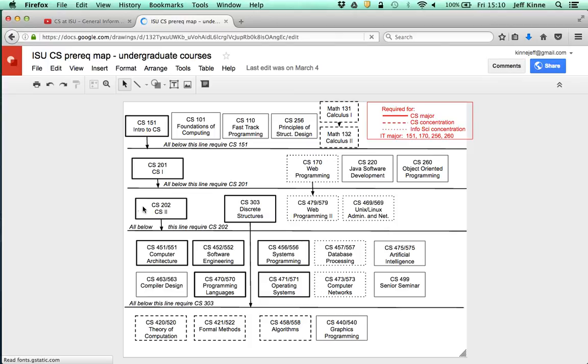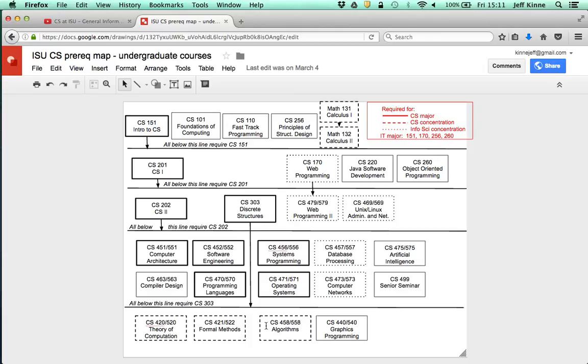If you look here, the things at the top have no prerequisites, except calculus, which has its own set of prerequisites, but that's not a CS class. Most people start with CS 151, Intro to Computer Science, and then they go to Computer Science 1, Computer Science 2, and then most of the rest of the courses in the major are available after Computer Science 2. That's what these lines mean.